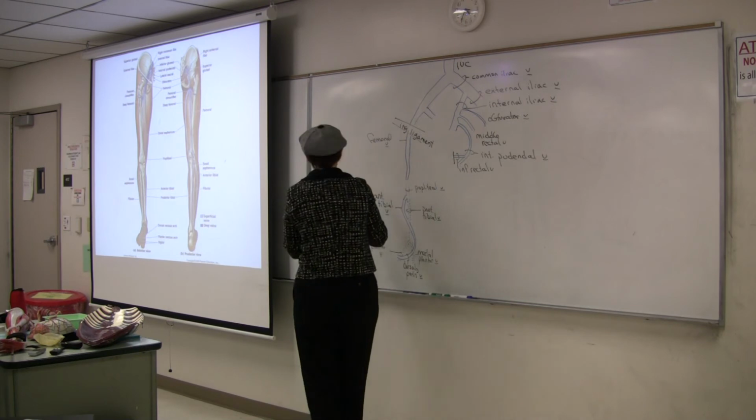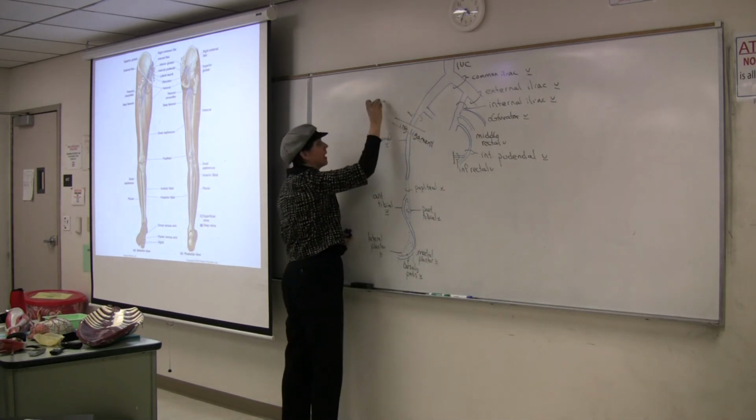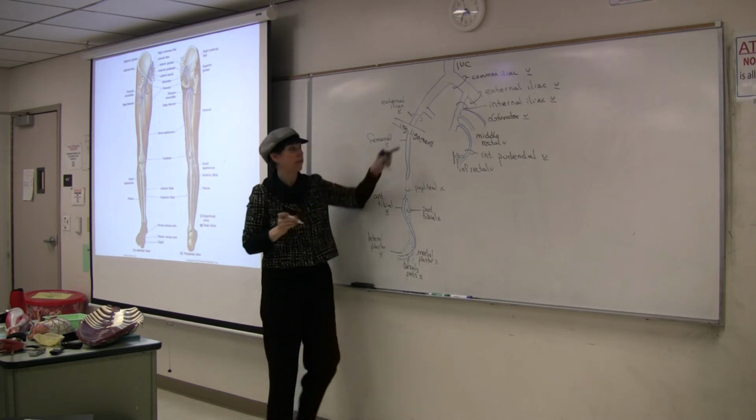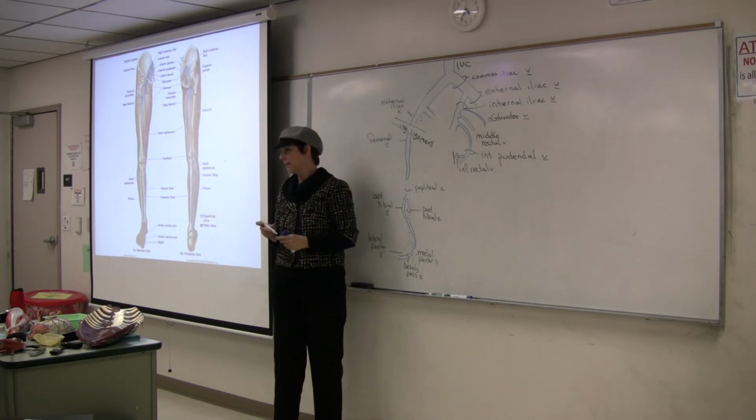And after it passes under the inguinal ligament, we call it the external iliac vein. And after it joins the internal, it becomes the common iliac vein.